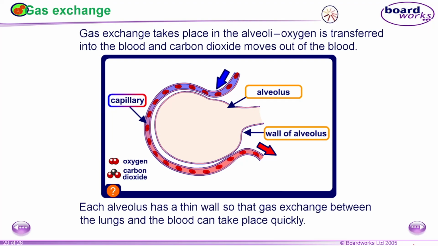Each alveolus has a thin wall so that gas exchange between the lungs and the body can take place quickly. Now, make sure to write down the things that I highlight. Once you're done, maybe you should pause the video, and then unpause it.